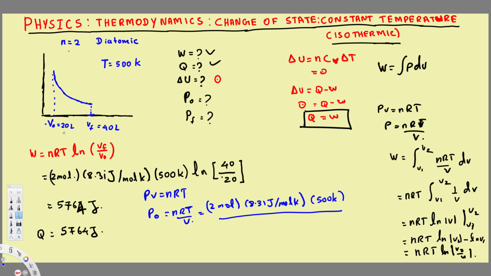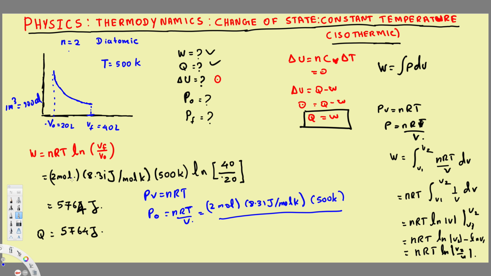Now we have to convert this into meter cube because we have other SI units, so we have to convert this into SI units too. We know that 1 meter cube is equal to 1000 liter.